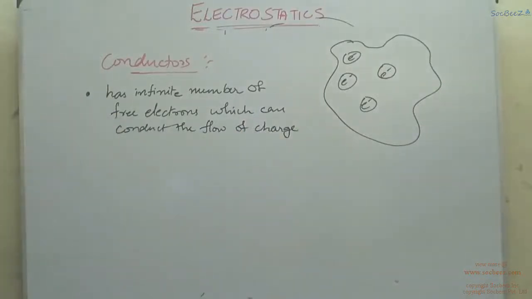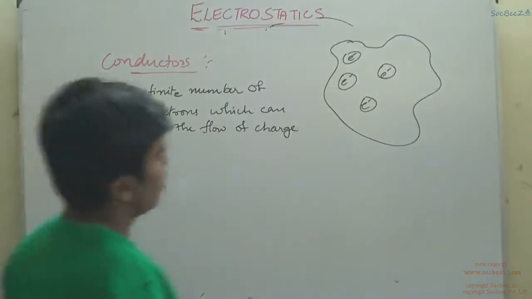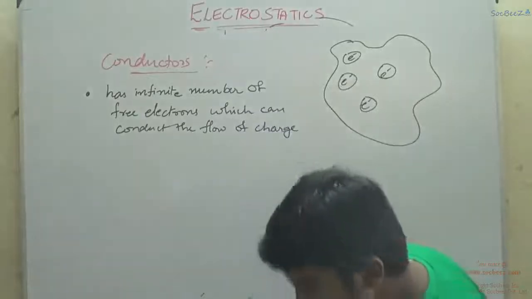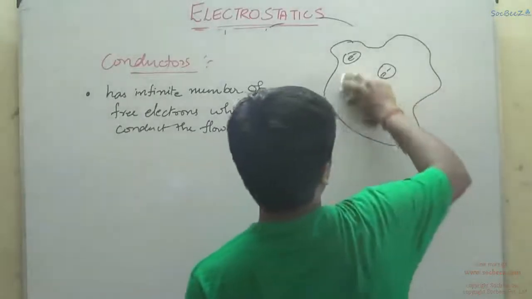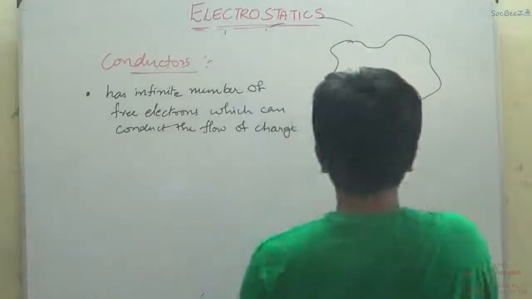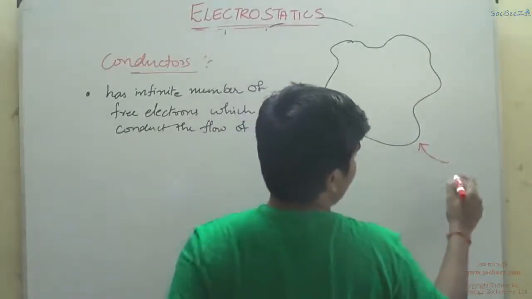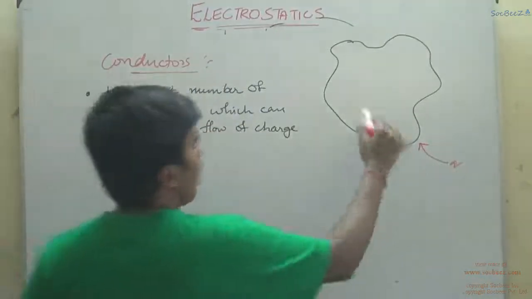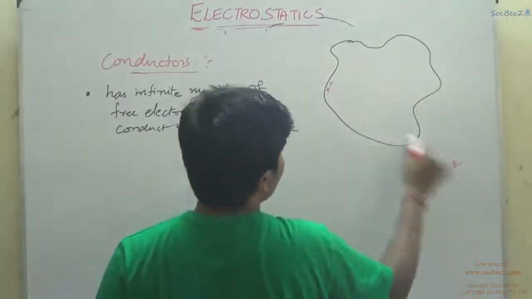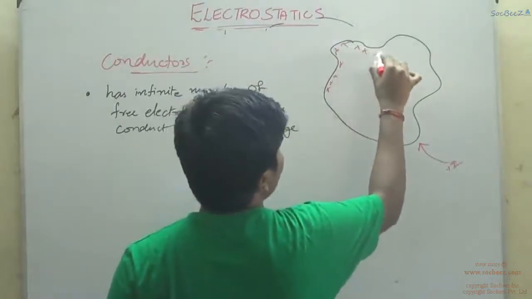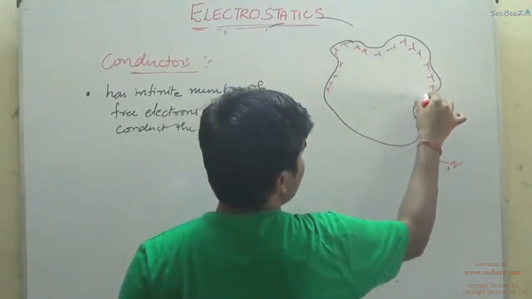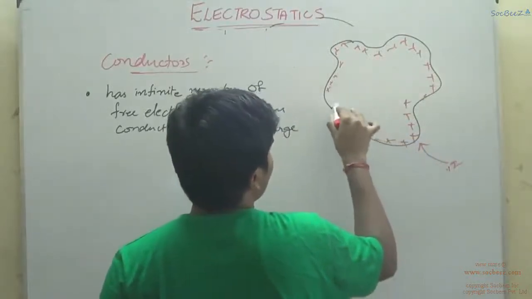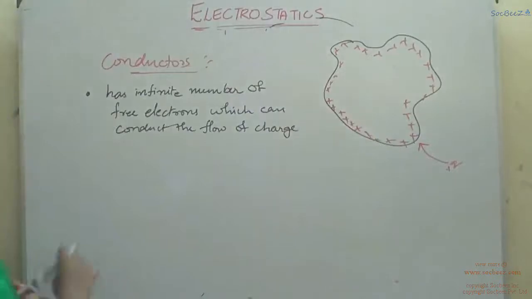okay. Now suppose that this is a neutral conductor and somehow I give it a charge, some positive Q. So what happens is, this charge, suppose it is positive, occurs on the surface and no charge is present inside, between the metal, and it's not necessary that the charge is uniformly distributed.